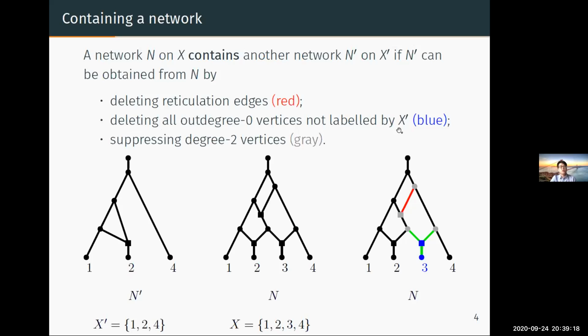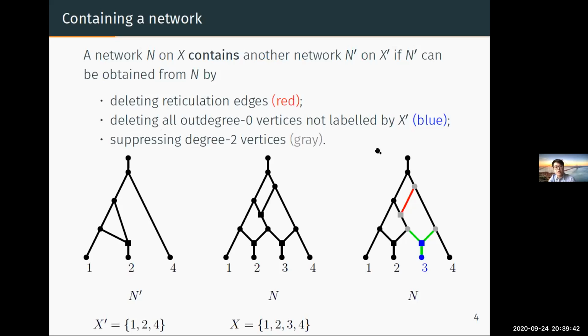So these are all leaves that are leaves within the larger network, but that are not leaves within the smaller network. And finally, suppressing degree 2 vertices. And the reason why we suppress degree 2 vertices is to ensure that we don't end up with these vertices, because within networks, you cannot have a vertex of in degree 1 and out degree 1.